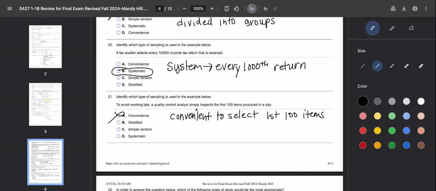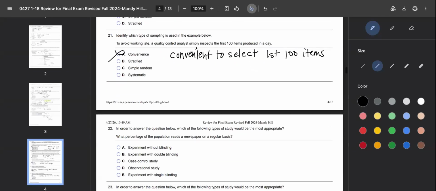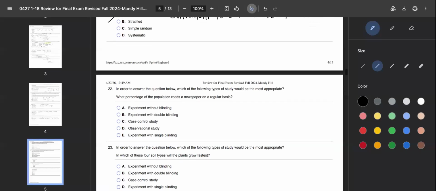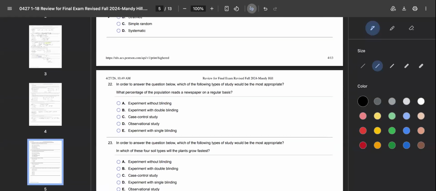They already did their job, but probably not the best way to do that because the machine might start having problems on the third hour and maybe they're not able to pick that up because they just wanted to get done. And so they picked the first 100 items, and that could be good or it could be bad. It could be that the machine had a bad problem in the first 100 and they were like, oh, we got to scratch this whole thing. So they kind of need to pick some throughout the day. So don't pick the most convenient.